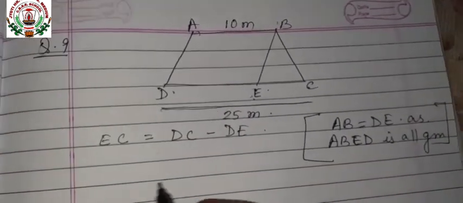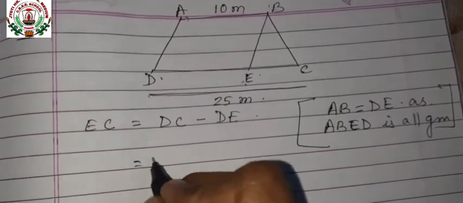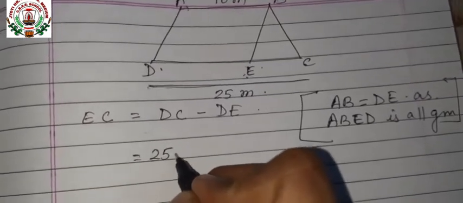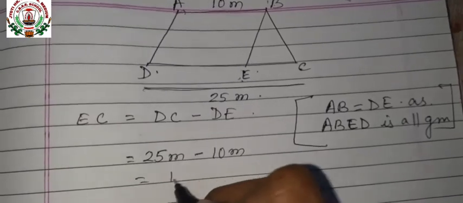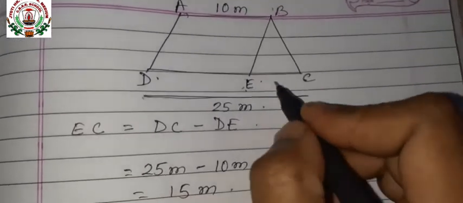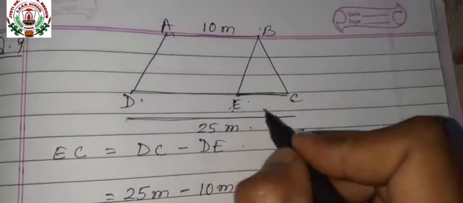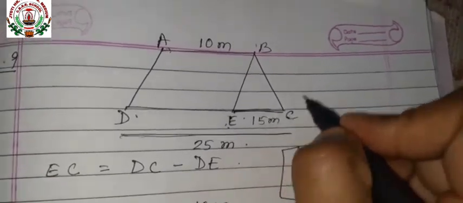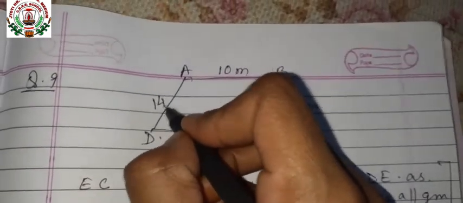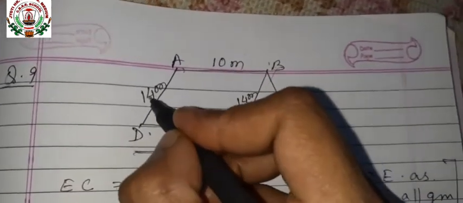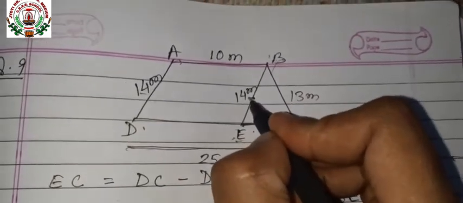So that means EC equals 25 meter minus 10 meter, which is equals to 15 meter. So this measurement EC will be 15 meter. This is 13 meter. This is 14 meter. Non-parallel sides are given. So this became a parallelogram, means if this is 14, this also will be 14.